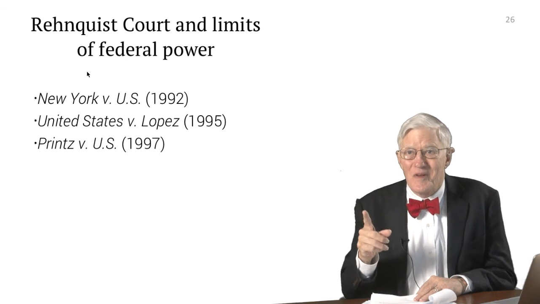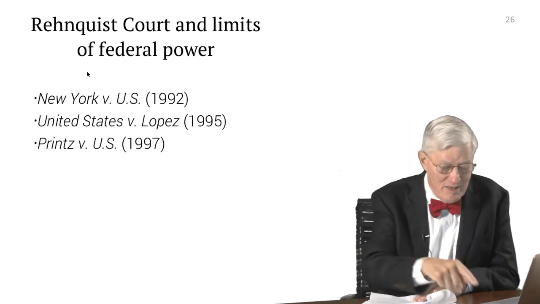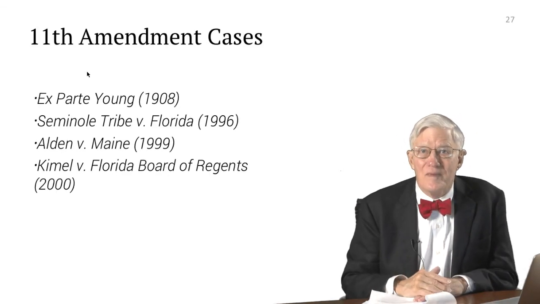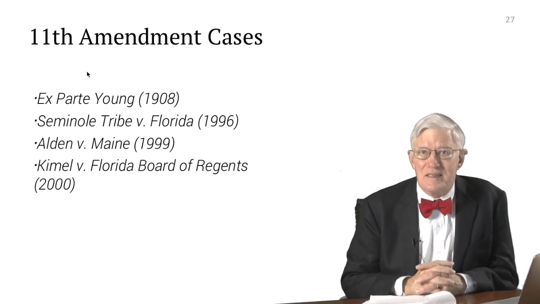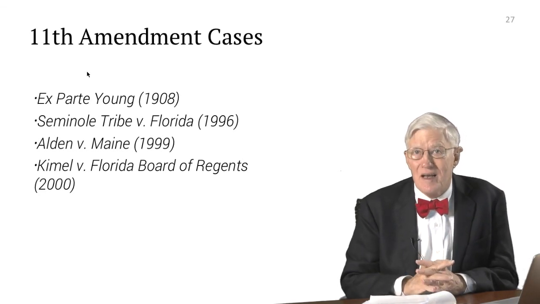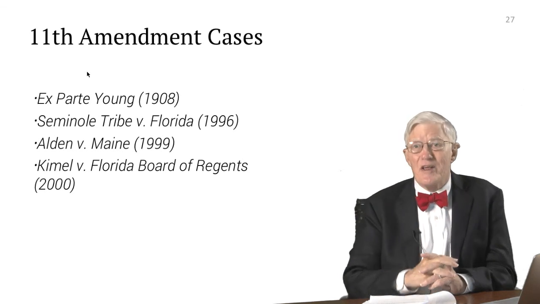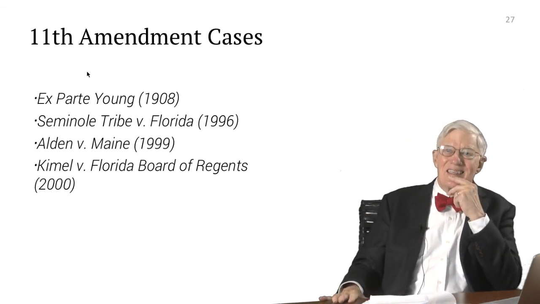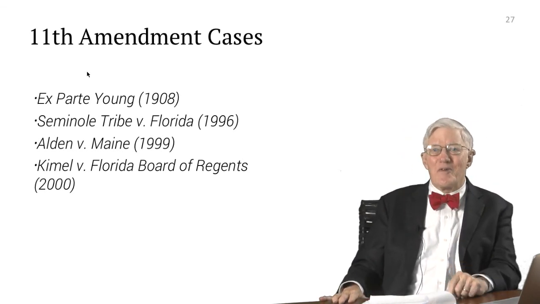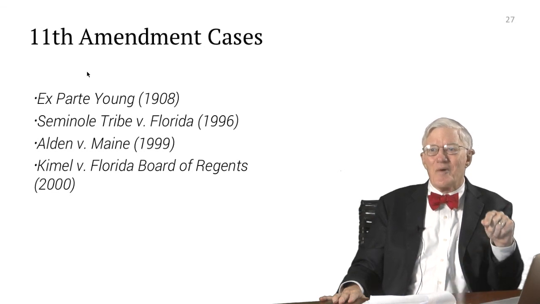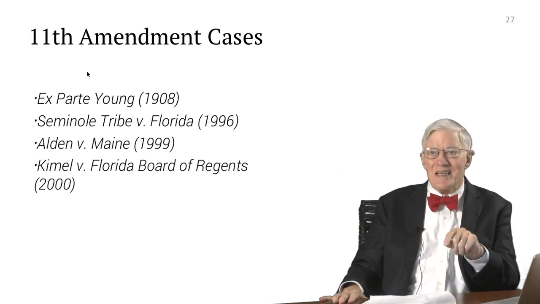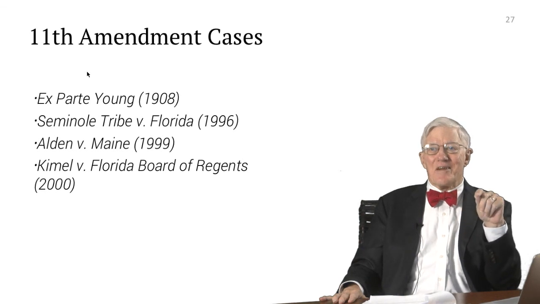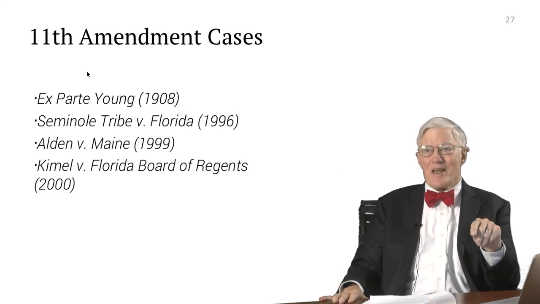And now a few other cases to look at. And these cases really derive from the 11th Amendment. Ex parte Young is a case that is still quoted quite frequently. It says that although you may not sue other states, you may sue state officials for injunctive relief.